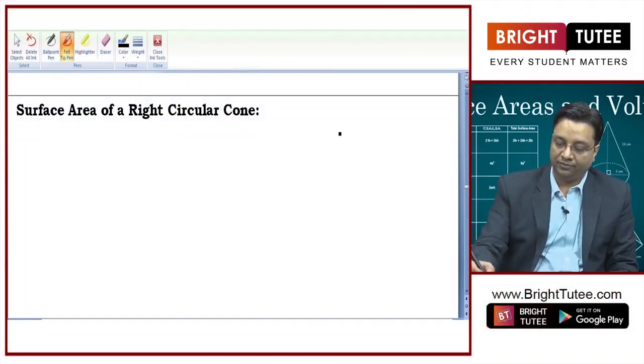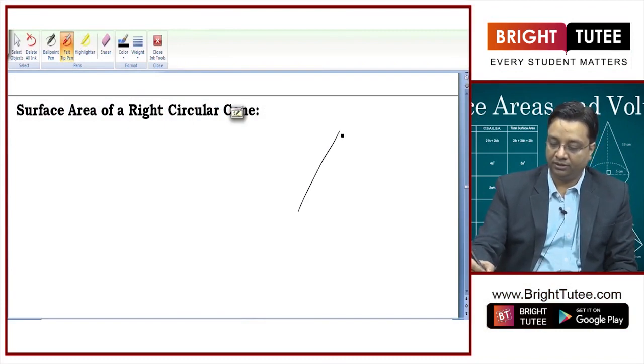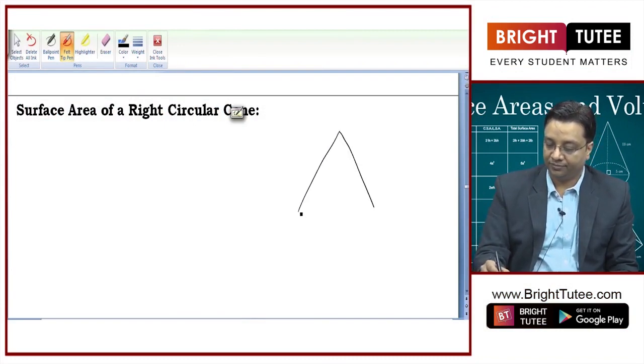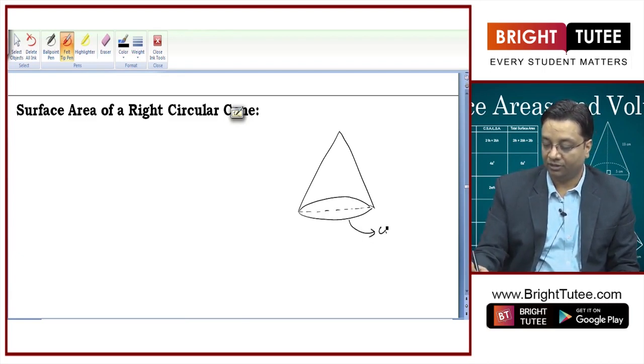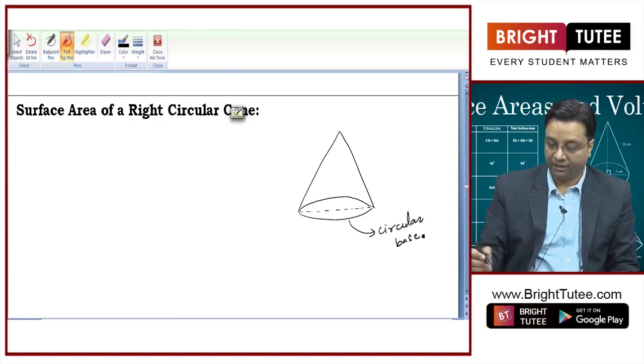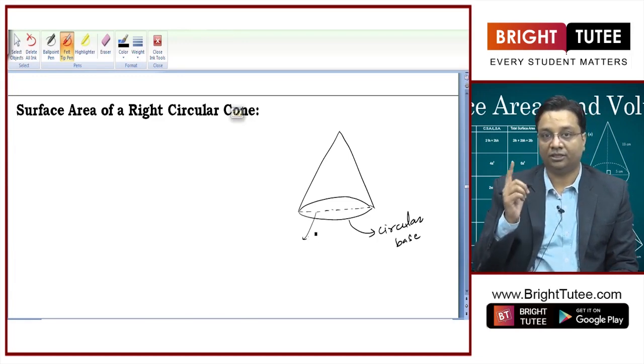So, what is a cone? A cone looks like this, and the base is circular. If you notice, this is the circular base, and this line is acting as the diameter of that circular base.